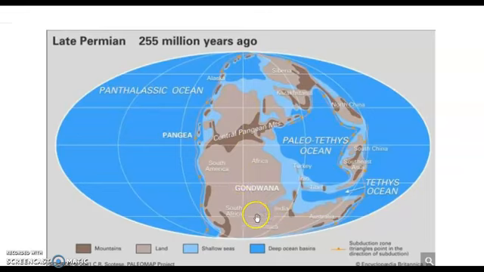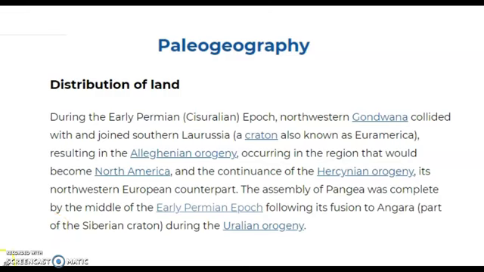India was part of Gondwana and was closer to the South Pole. And here is the Tethyan Ocean, and this O-shaped ocean is known as the Paleotethys Ocean. Now talking about the paleogeography, the distribution of land was something like this. In the Permian times, the whole of Pangaea was complete.